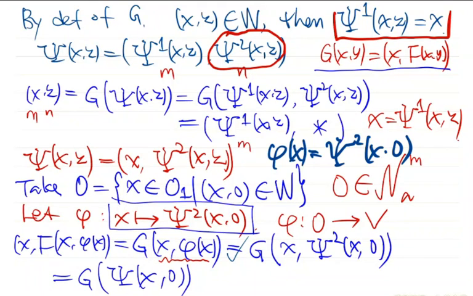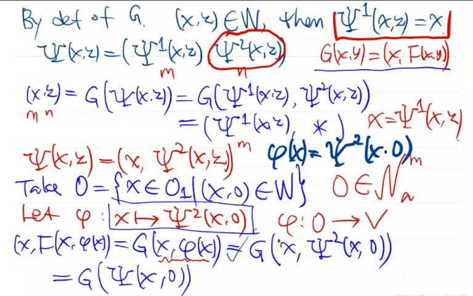Look at the equality on the upper right corner of this page. Here psi1 xz is x, and psi is psi1 psi2. Therefore, this x here is precisely psi1 x. Of course, you can also call it psi1 x0.